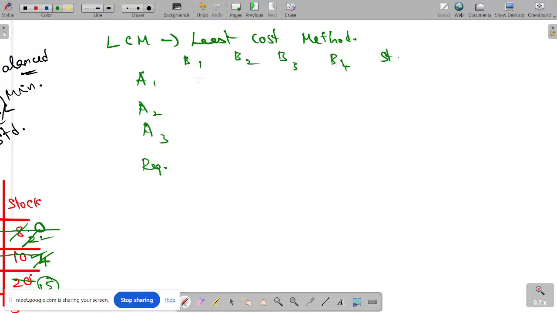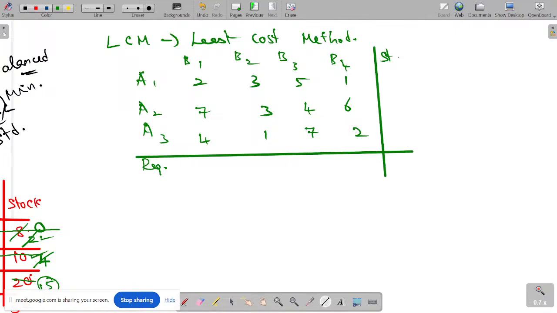So the costs are 2, 3, 5, 1, 7, 3, 4, 6, 4, 1, 7, 2. I have just copied from the question, the data copied from the question alone.